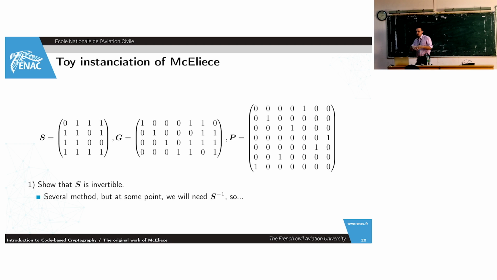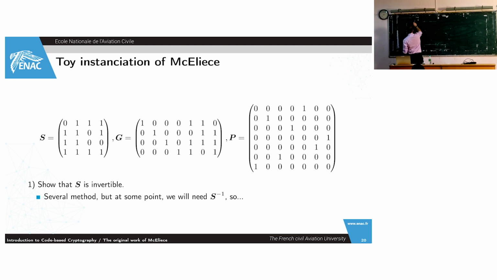Again, there are several methods for inverting a matrix. The one I prefer is to put it in the... Yes. Look, it is easy to compute. See how easy it is?